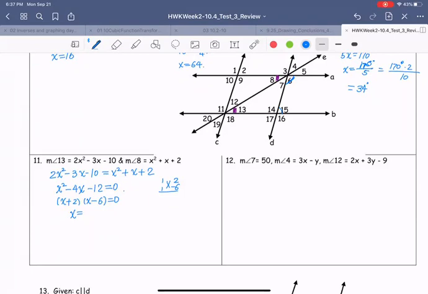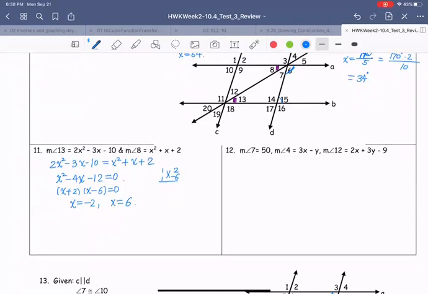If x equals -2, you want to check because your angle has to be positive, right? So you need to plug in. Because left and right are equal, you can plug into the right one. You want to make sure you get a positive one. This is positive, so x equals -2 is possible.